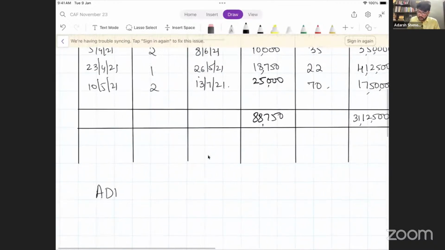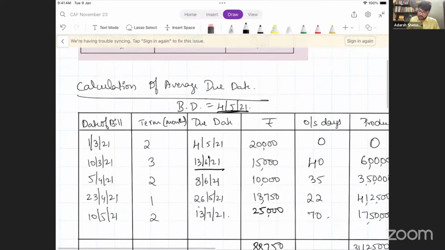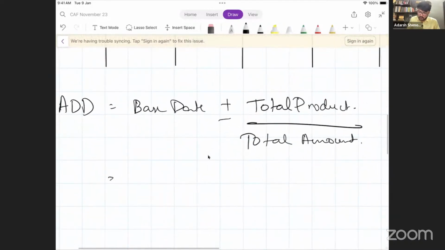So ADD, the formula for ADD is base date plus or minus total product divided by total amount. So the base date is 4-5-21.